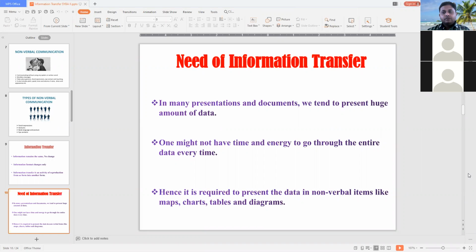We can say it's a shortcut presentation of the data. A paragraph of 20 or 30 lines is presented in a shortcut way through maps, charts, tables, or diagrams.